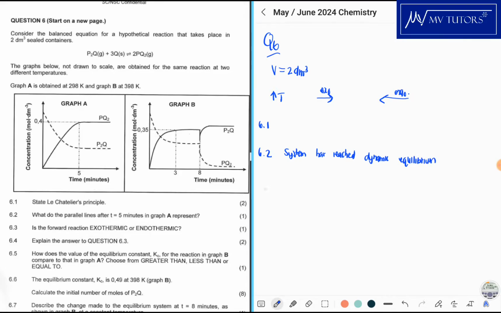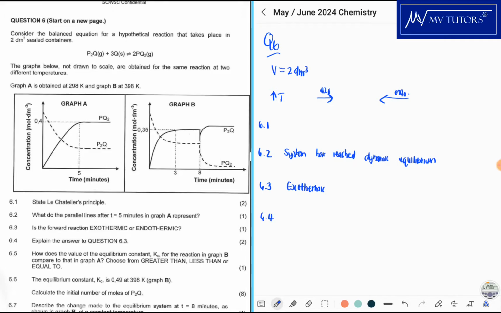And then 6.3. Is the forward reaction exothermic or endothermic? The forward reaction, we discussed it briefly. It's actually exothermic. And then we have to explain why that is.